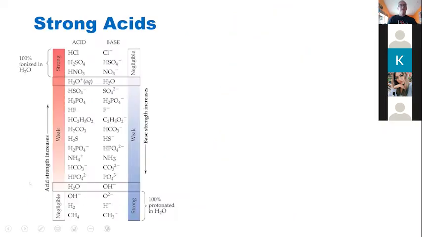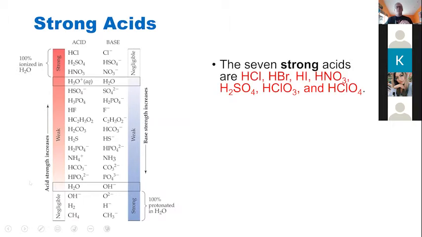All right. So here are some of the strong acids. We have 7 basic, really strong acids: hydrochloric acid, bromic acid, hydroiodic acid, nitric acid, sulfuric acid, perchloric acid, and chloric acid. You will see that strong acids, as we go up, are basically 100% ionized in water.